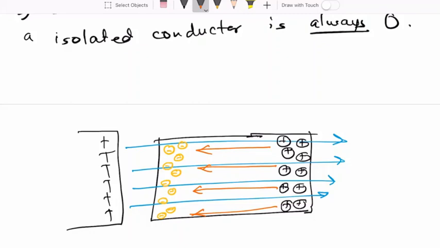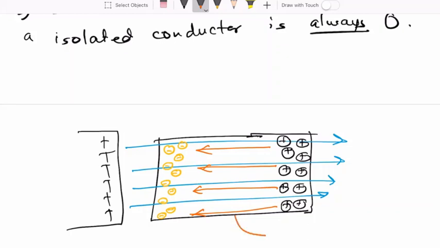Remember that since the free electrons have infinite freedom to move around inside this conductor, they will keep accumulating on the left of the conductor, and as a result there'll be more negative charges on the left, consequently more positive charges on the right. And the result is that the internal electric field will keep getting stronger and stronger until it completely cancels out the external electric field.